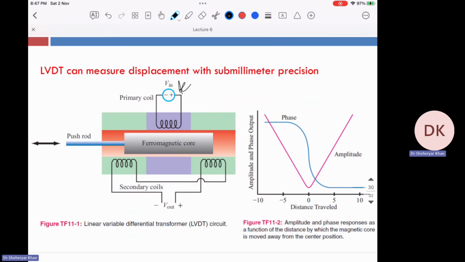Remember, the purpose of the core is to transfer the magnetic flux from one end to another. It provides a connection of magnetic linkage, right? And another good thing, they are not connected electrically.